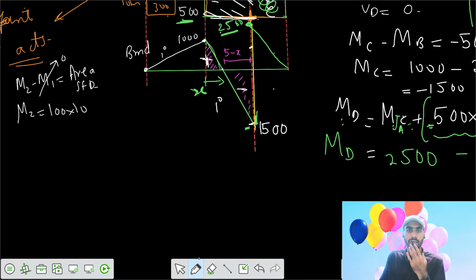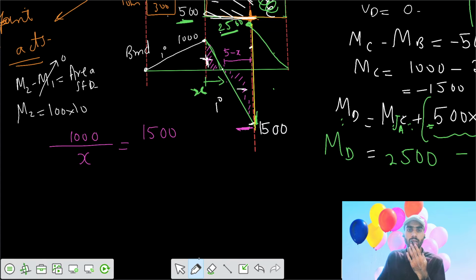The bending moment value of 1000 becomes 0 in length x, and similarly 1500. We don't have to write the sign here, we are focusing on the magnitude.